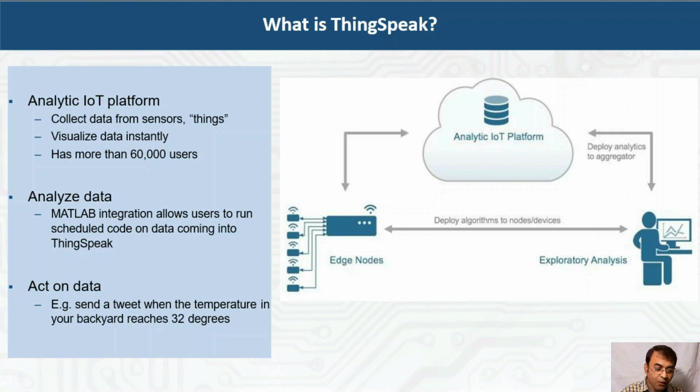This is the picture of how it is working. You can see, guys, that you can send the data to the cloud, that is ThingSpeak Cloud, and in this ThingSpeak Cloud, analytics can be done, and the data is coming from the sensors, or you can see the microcontroller board or computer.